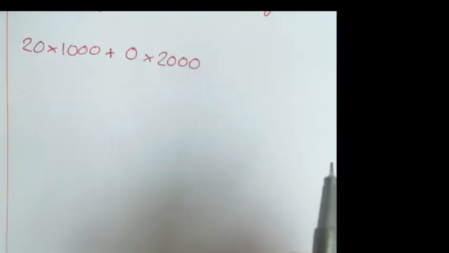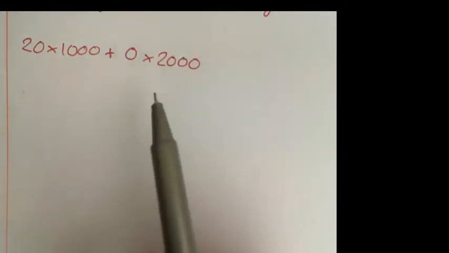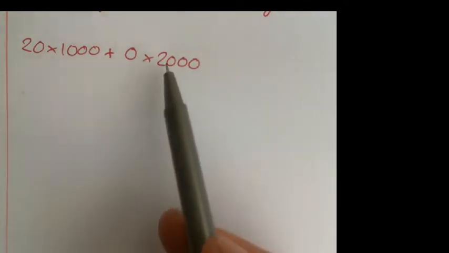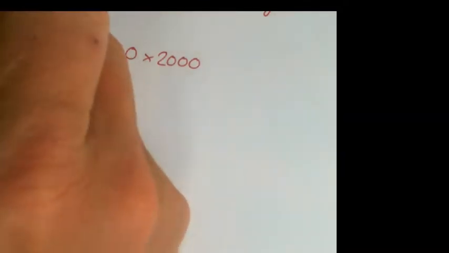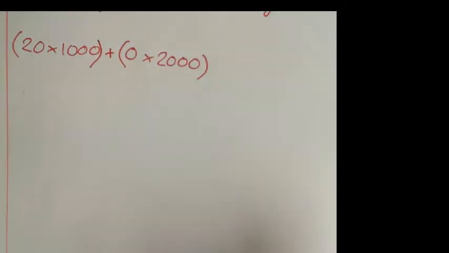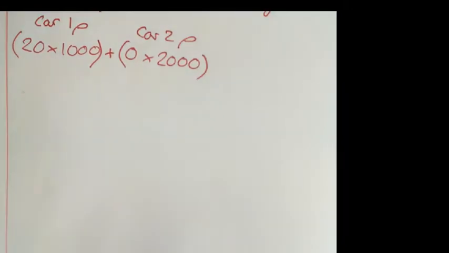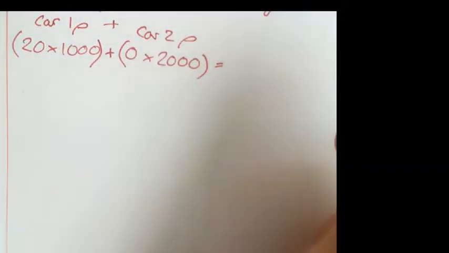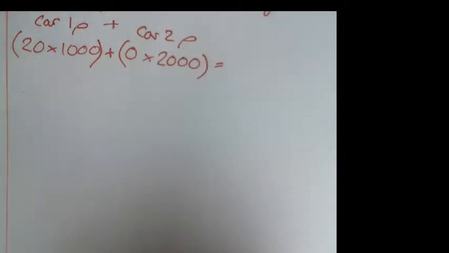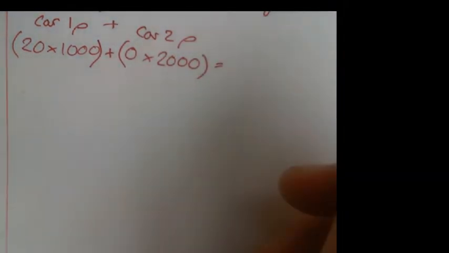That's just the momentum I had before from car 1 and the momentum I had before from car 2, and you just add the two together. I would use brackets here, even though you don't need them, just to make it clear what you're talking about. So this is car 1 momentum, this is car 2 momentum, and all you've done is add the two together. And that is going to equal the total momentum afterwards, but you don't know what that is yet.